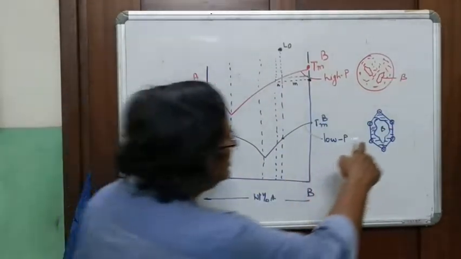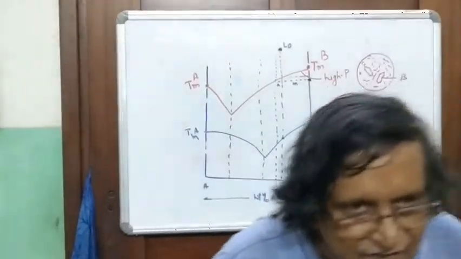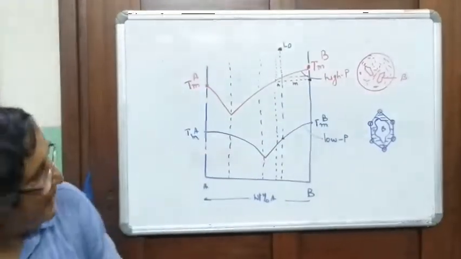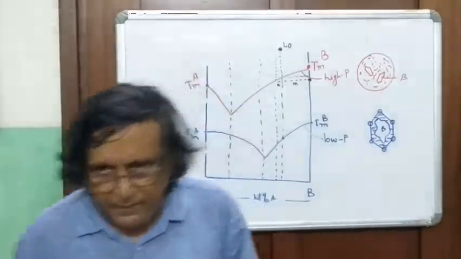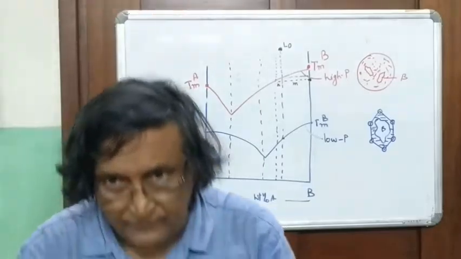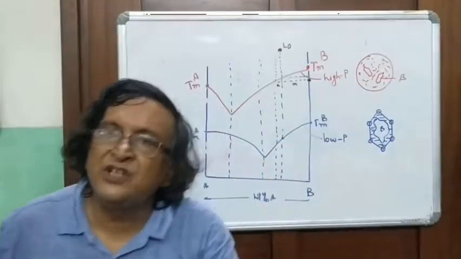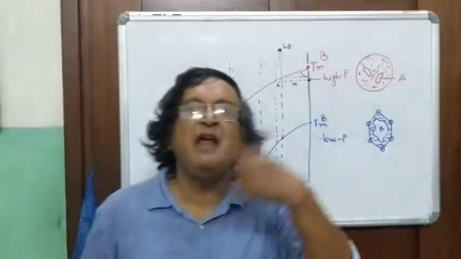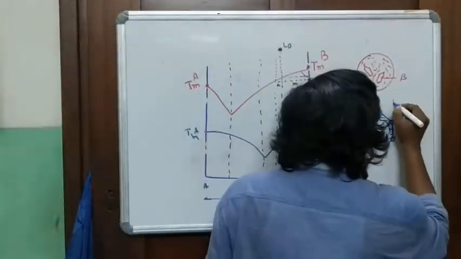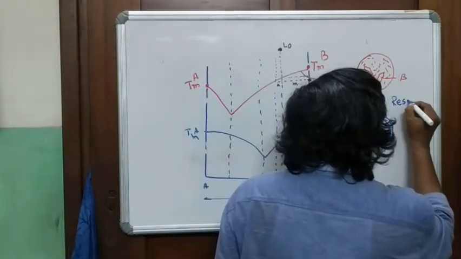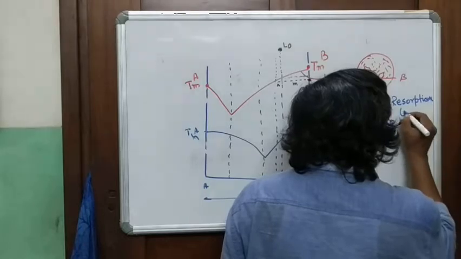So what crystal do you have here now? Anhedral crystal. But this anhedral crystal was not forming; this was an earlier crystal which was resorbing or remelting. Have you understood? So this is called a resorption texture.